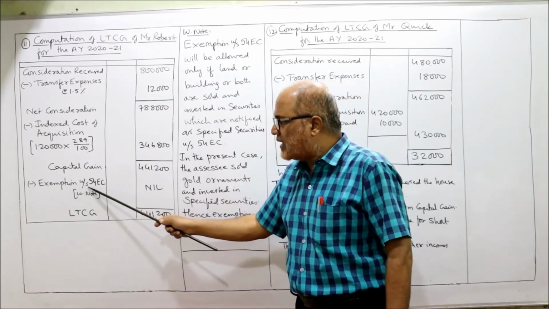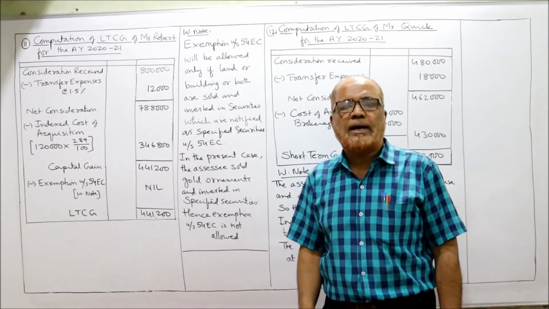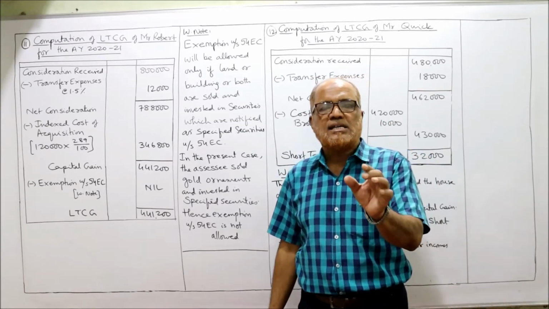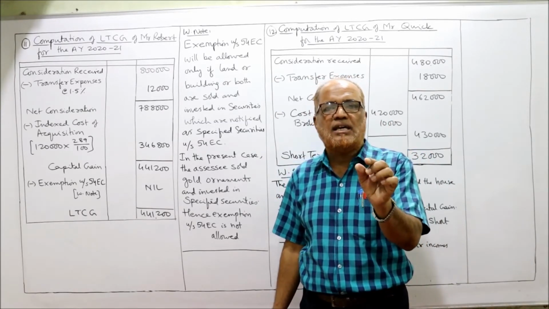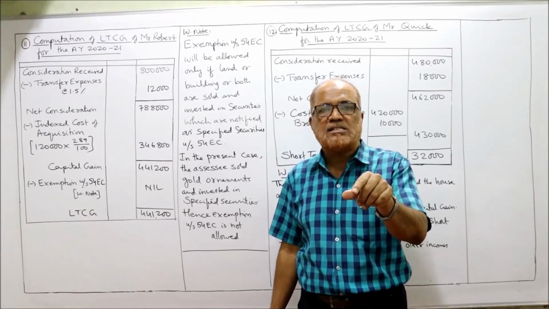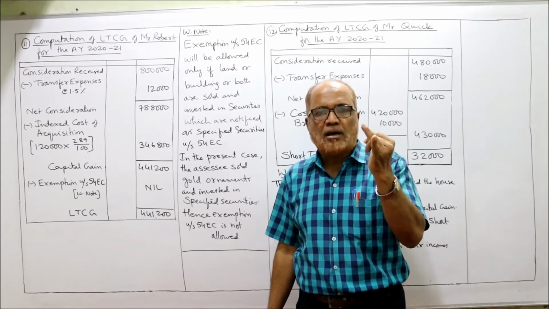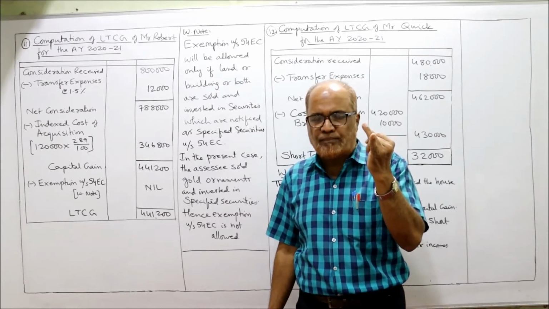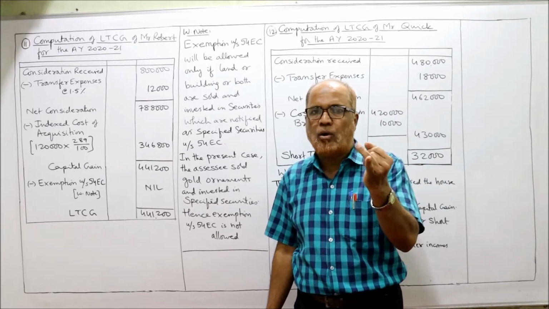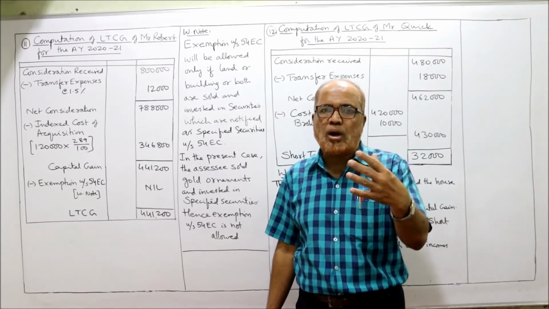Now, exemption under section 54EC. Now see the working note. Just now I told you the Income Tax Act says section 54EC exemption will be allowed only if the assessee sold land or house or both.